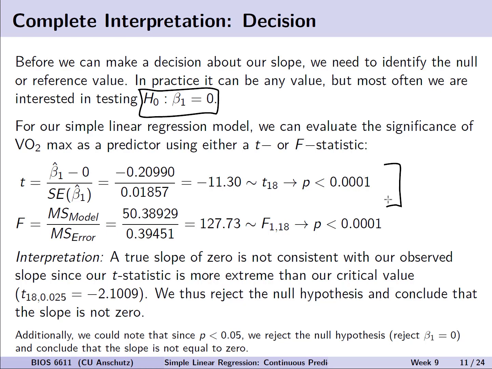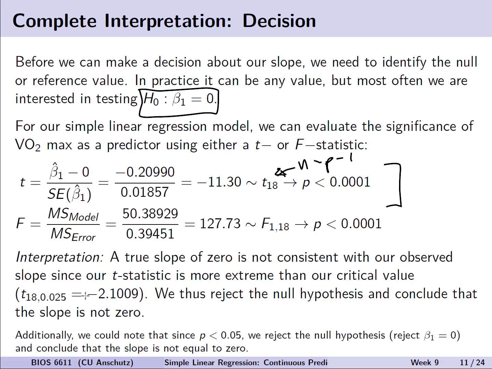We know that would be approximately t distributed, again with n minus p minus 1 degrees of freedom, which is 18. If we take the test statistic of negative 11.3 and compare it to a critical value, which we can briefly note is down here in the interpretation, we would find that we have a p-value less than 0.0001.